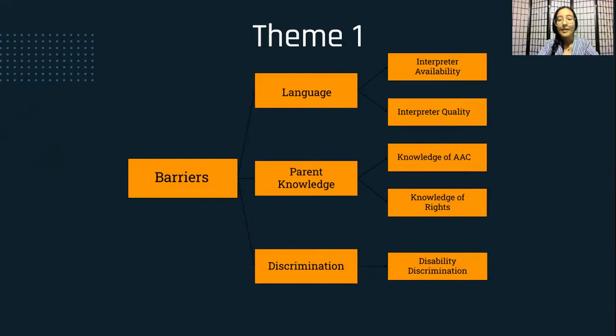So she said that she was really unaware, and sometimes this led her to be afraid to request accommodations or request services or request devices because she was afraid of the cost or afraid of what the school district or the school would say to her. So this was really a barrier for her, especially in the beginning, that she was just unaware of certain terms on how to navigate the school system and school policies.